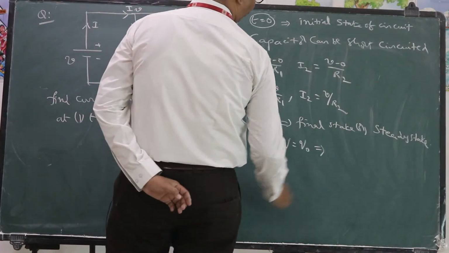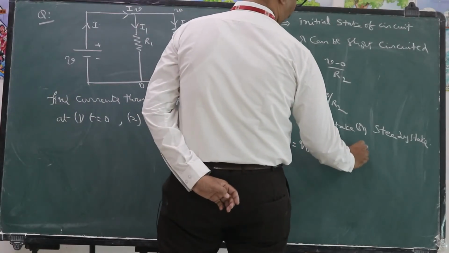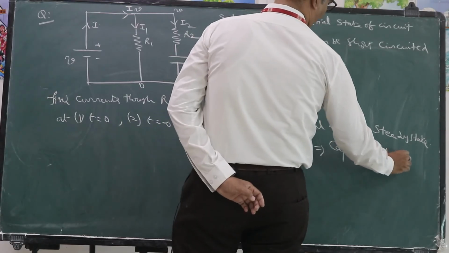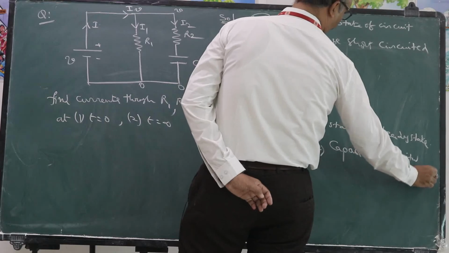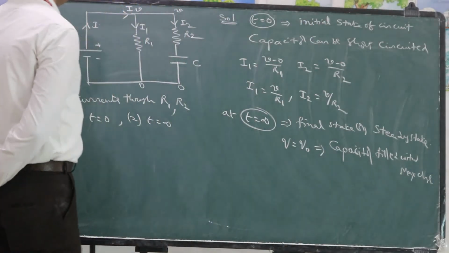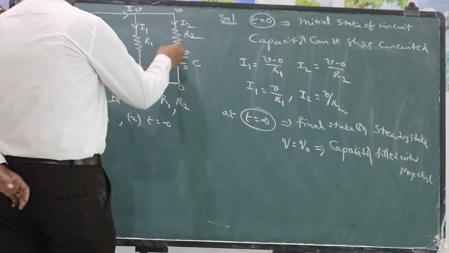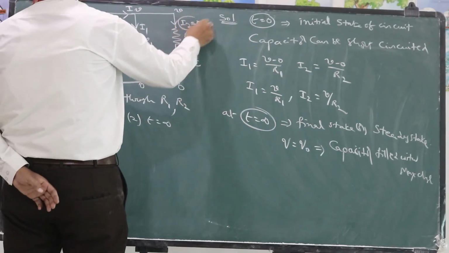The capacitor is filled with maximum charge. That means there exists potential difference V across the capacitor, so no current passes through it.